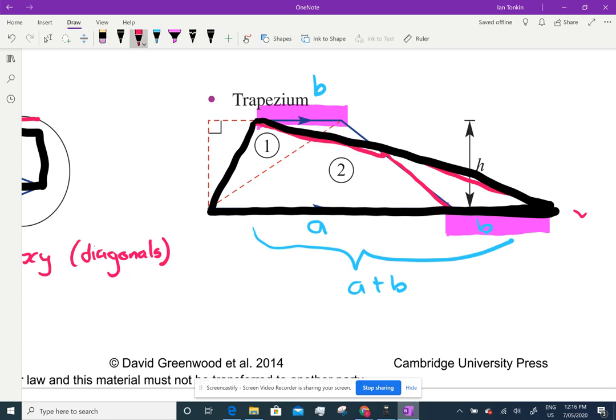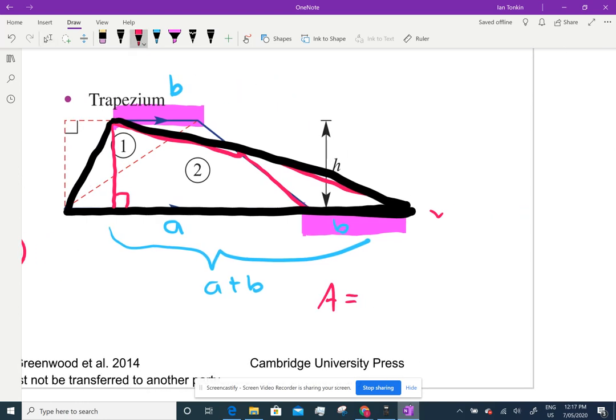And to find the area of a triangle, I need to use the perpendicular height, which is indicated over here. So the area of a triangle is a half the base times the height. So if we cut this trapezium into a triangle, and we can do that with all of them, it's a half the base times the height.